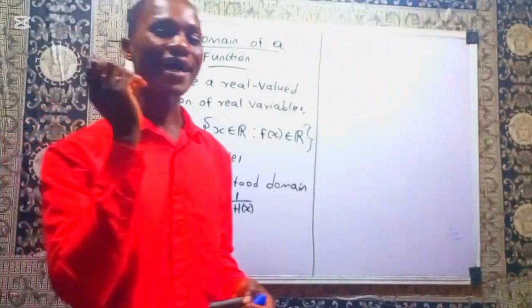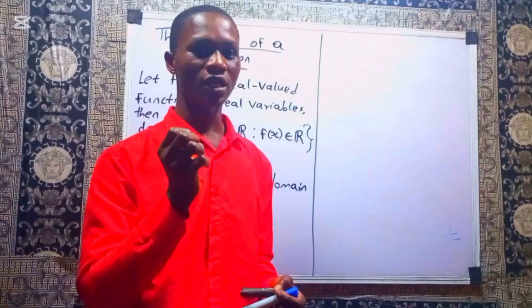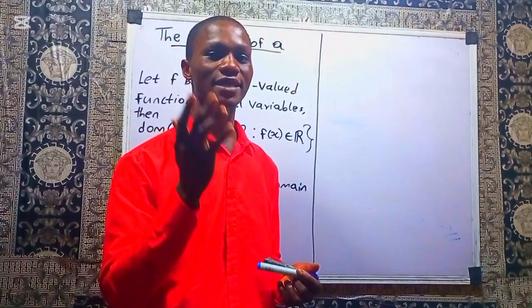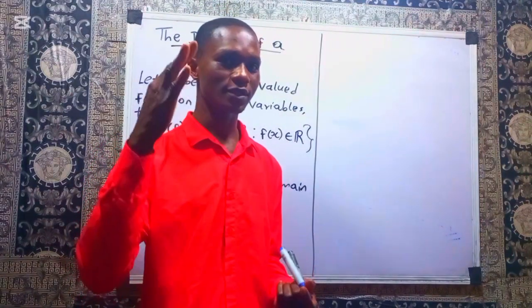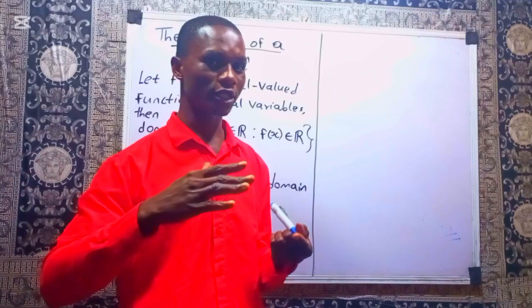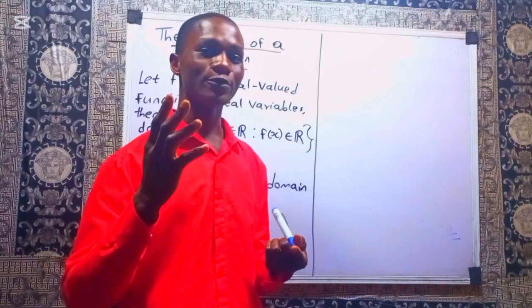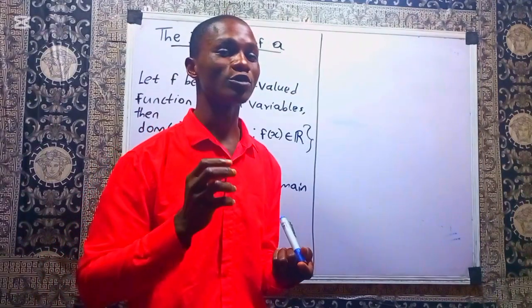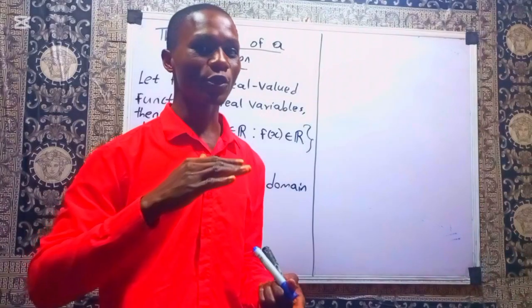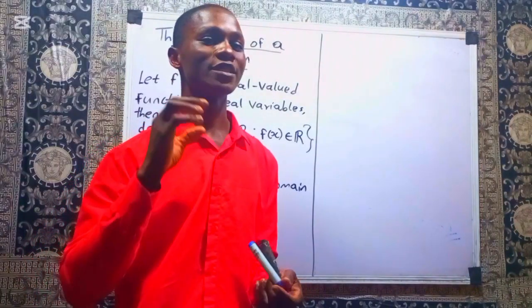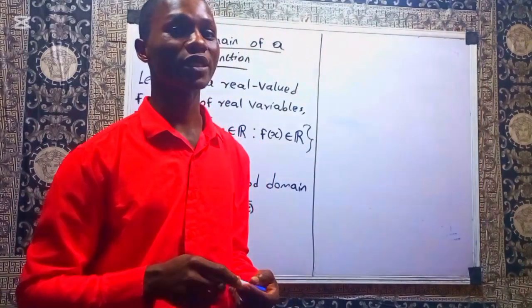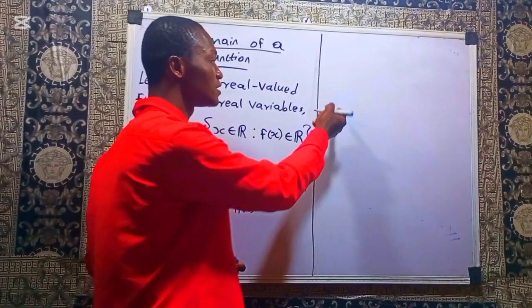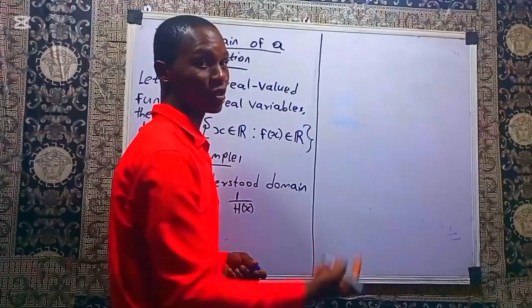Now, a rational function is a function that is expressed in fraction form. You have a numerator, you have a denominator. So normally we demand that the denominator should not be 0. Your denominator cannot be 0 because if the denominator is 0, you'll be doing something over 0.